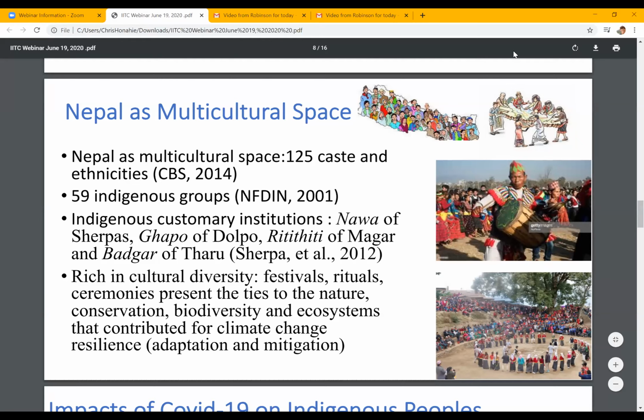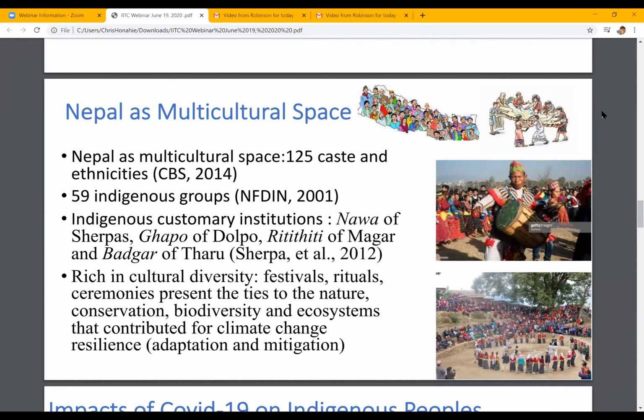This is why we need a strong voice at the global level, to make each country realize that indigenous peoples, who are affected by climate change, are also contributing to climate change resilience. If we continue our practices, in the long run it will make a healthy environment for our future generations. All this song and dance is mimicking nature, protecting nature and being part of nature. Can you please move next?